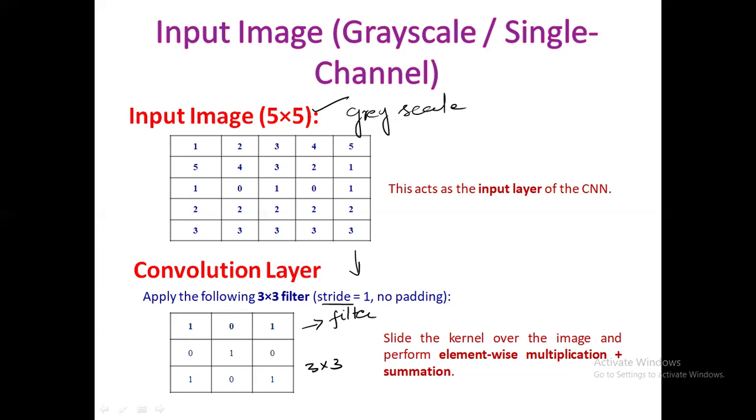In this way, the convolution extracts useful local features such as edges or patterns from the image and converts the raw input data into a feature map that can be further processed by the network. Here we have taken a 3 cross 3 filter, the stride size is 1, and we have not involved any padding.